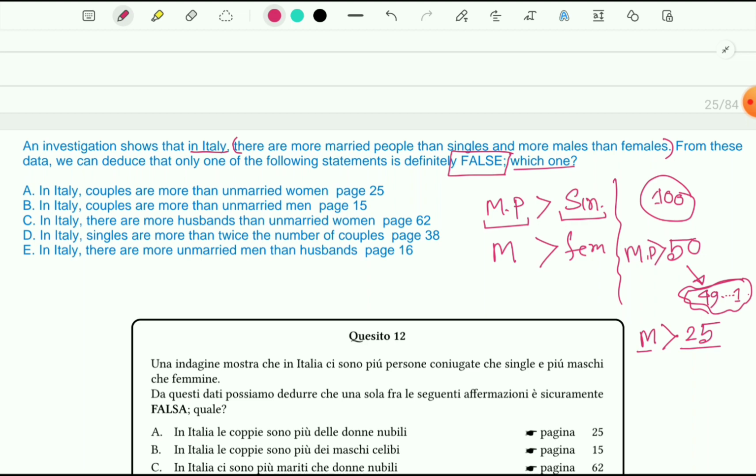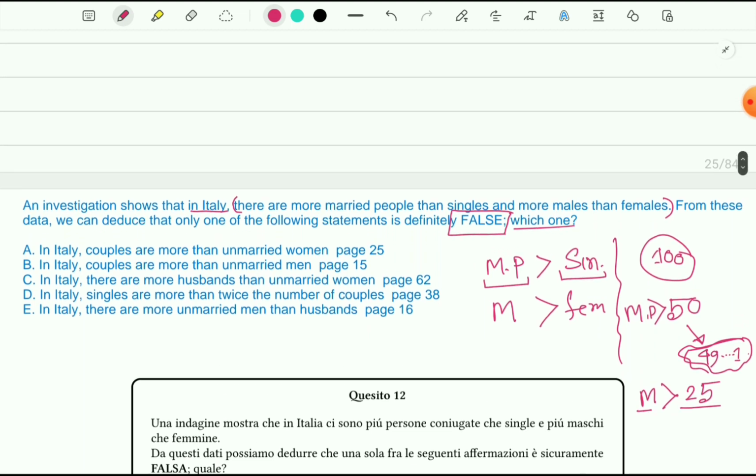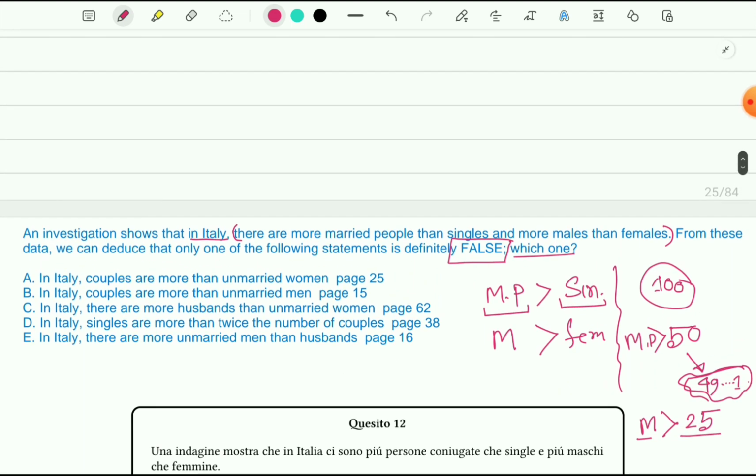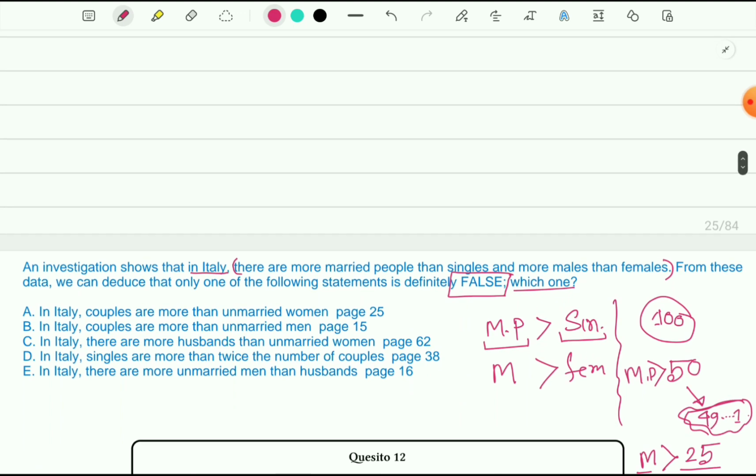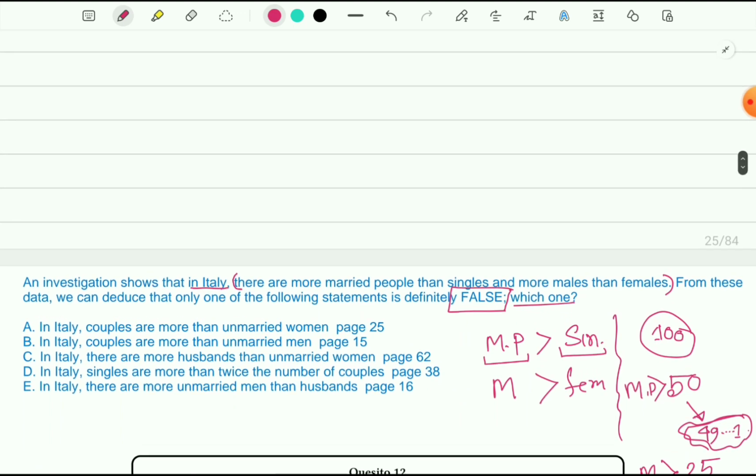Okay, so let's understand more clearly. To understand all of these options, I'm thinking of drawing a table to discuss it in more detail, just for understanding. So let's draw a table which has 5 columns.